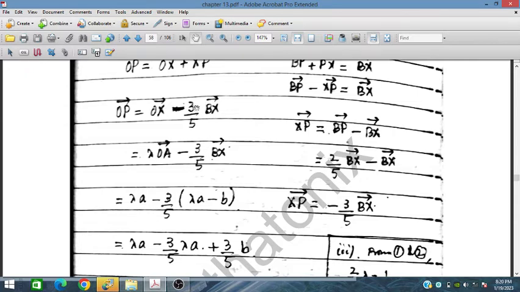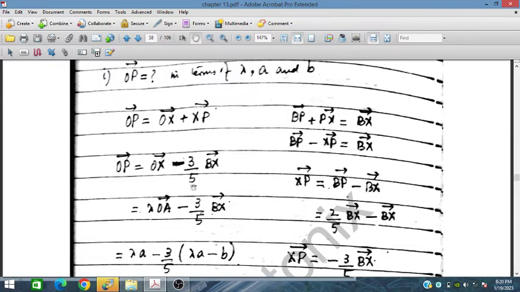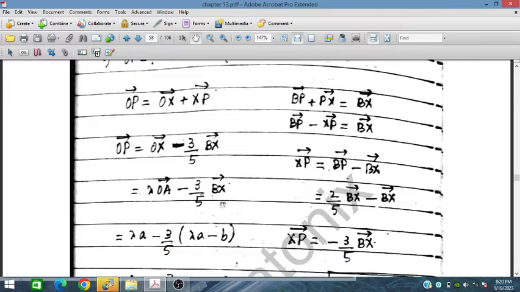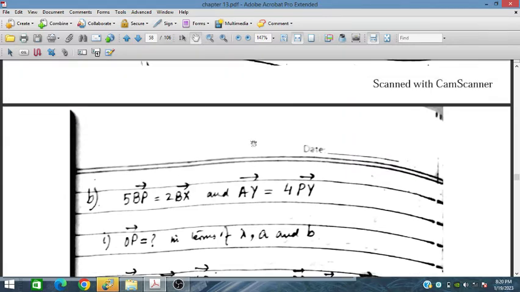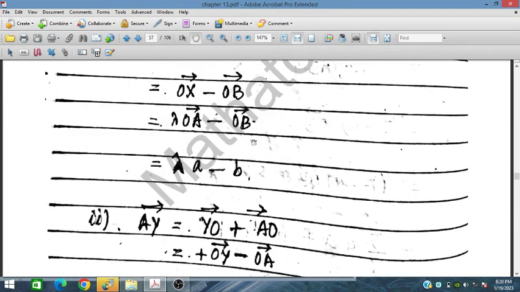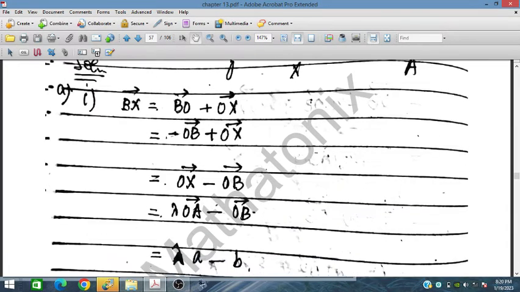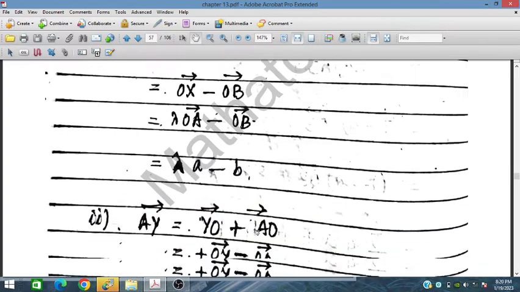In place of XP we can write 3 upon 5 BX, and this is lambda A plus 3 upon 5 BX, and this BX has already been obtained earlier, so it can be placed here.